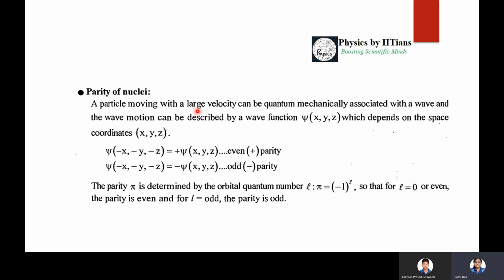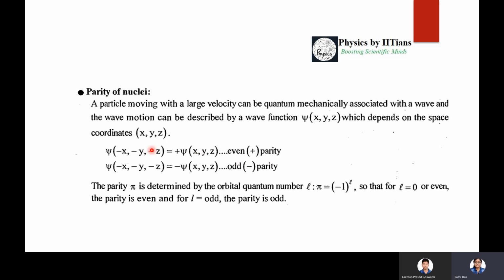So a particle moving with a large velocity can be quantum mechanically associated with a wave. This wave motion can be described by the wave function psi, which depends on the space coordinates x, y, z. If there is an exchange of the space coordinates and the wave function changes sign, then it is called odd parity.